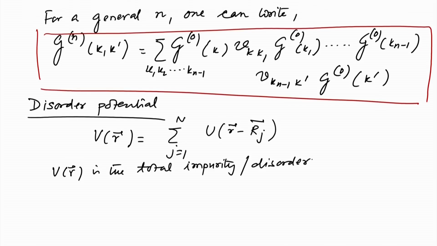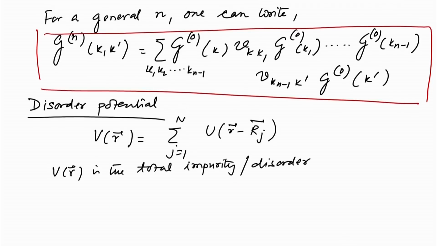Since we are talking about discrete lattice sites, impurity is a more appropriate word in this context.